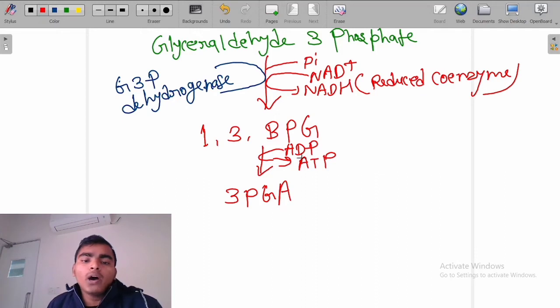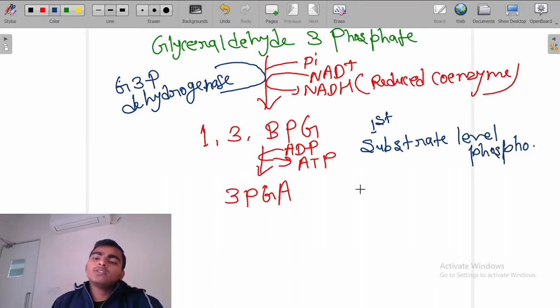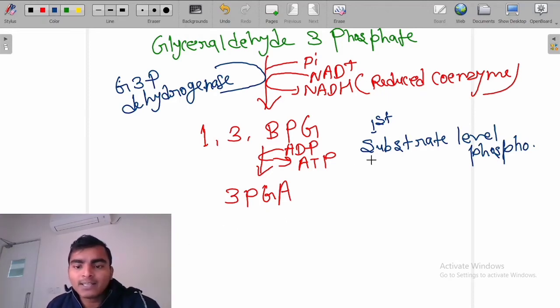Okay, so for the first time in glycolysis we are seeing that we are going to get ATP molecules. So what? This is the substrate level phosphorylation. This is the first substrate level phosphorylation. Why are we calling it substrate level?